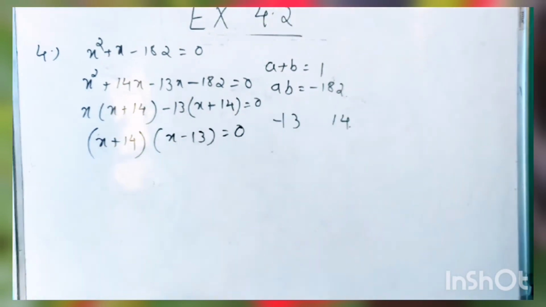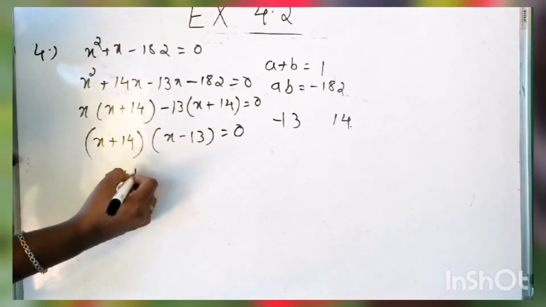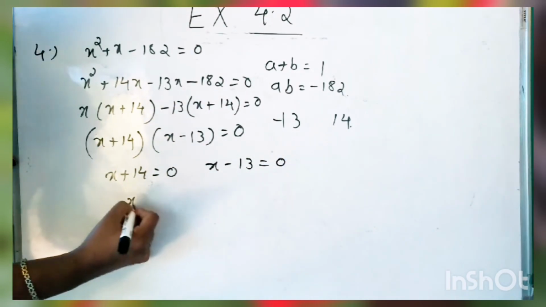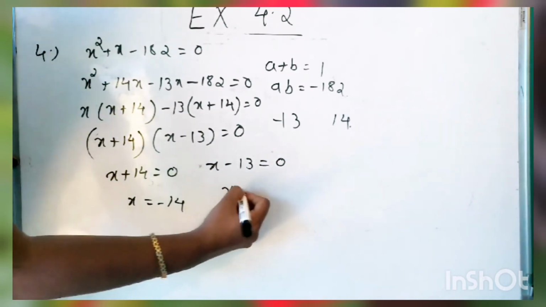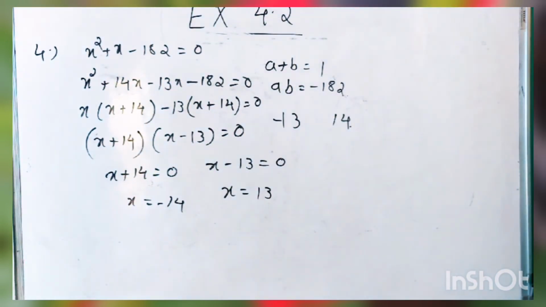Product of two numbers is equal to 0, that means either the first number is equal to 0 or the second number is equal to 0. So x plus 14 is equal to 0 or x minus 13 is equal to 0, that is x is equal to minus 14 or x is equal to 13.